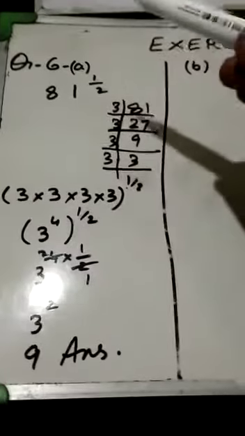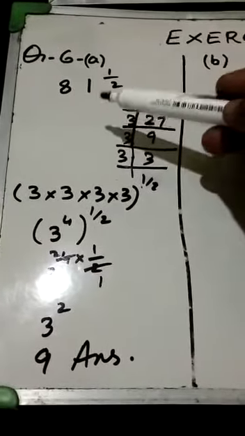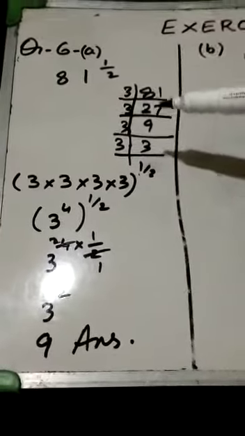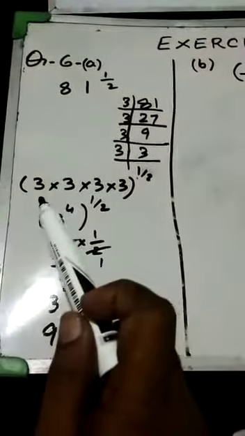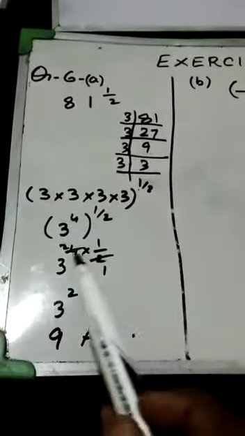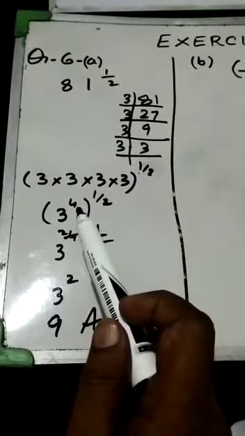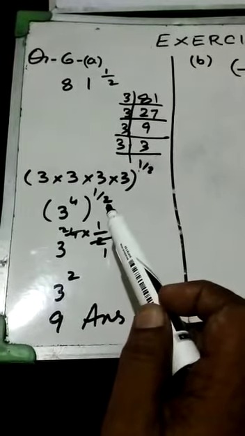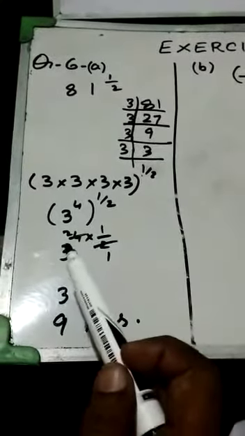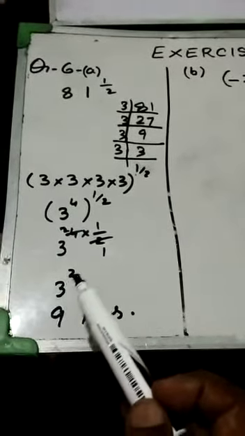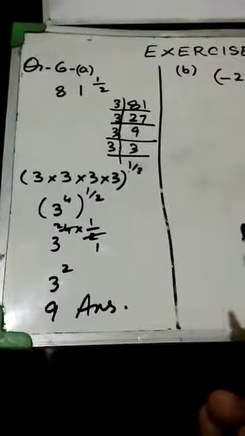Now I am explaining this again. 81 was converted into its prime factors. We got four 3s here, so it will become 3 to the power 4. Then half is outside, so when we multiply this with half, we will get 2, and 3 to the power 2 is 9. So this is our answer.